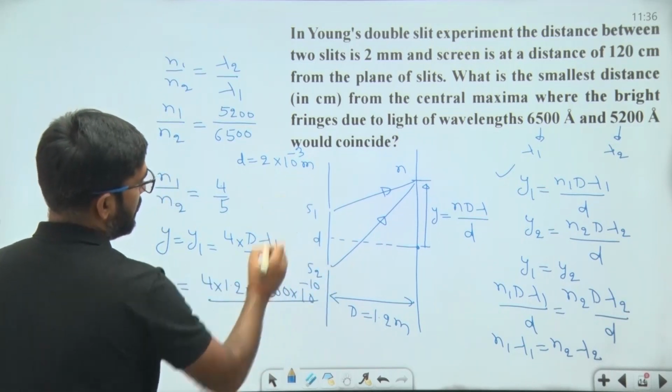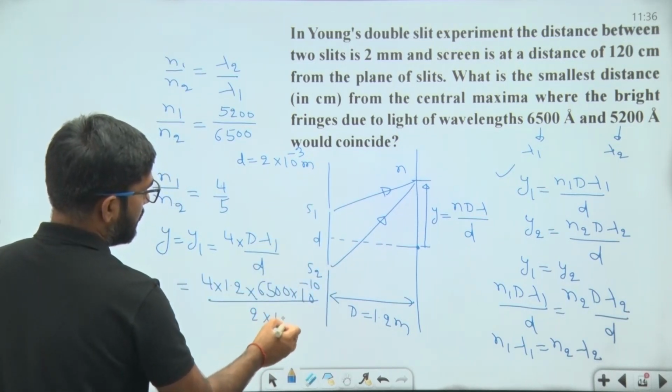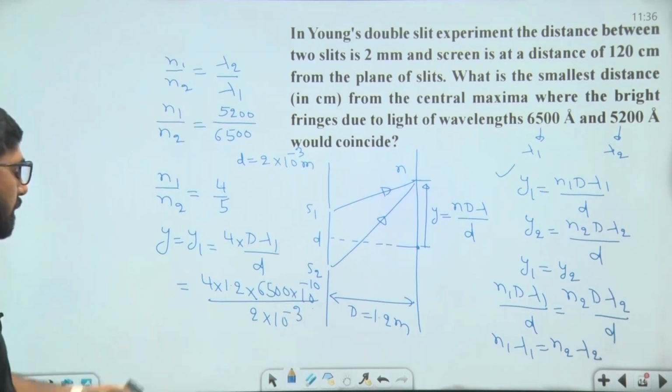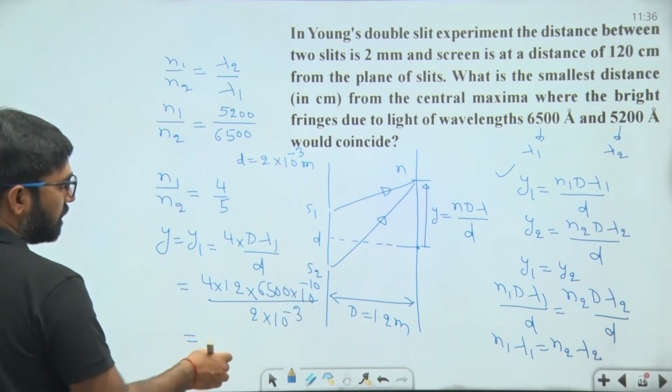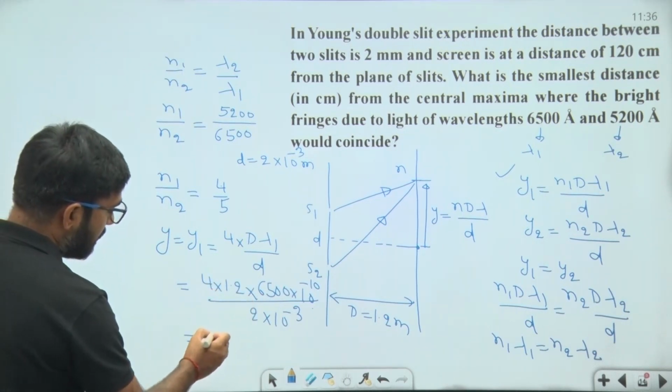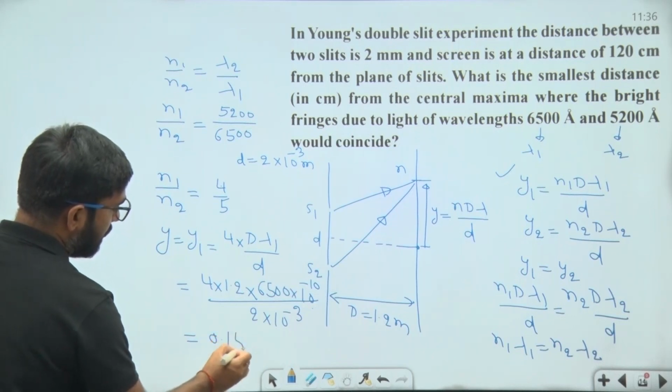Small d is 2 into 10 raised to power minus 3 meters. From here we get the value in meter, and if we convert this value in centimeter, just keep on calculating this, we get this as 0.156 centimeter.